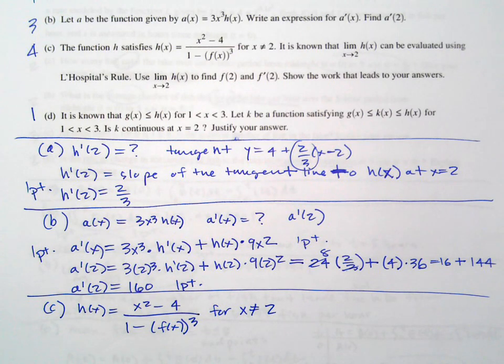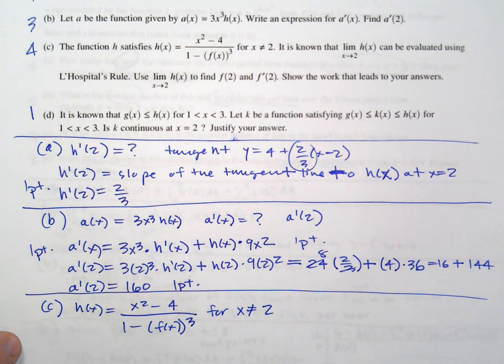They said it's 4, but when x equals 2, maybe this is undefined or something, and so they say that it doesn't work there. Now it says, it is known that the limit as x approaches 2 of h(x) can be evaluated using L'Hopital's rule. Use the limit as x approaches 2 of h(x) to find f(2) and f prime of 2. Show the work that leads to your answers.